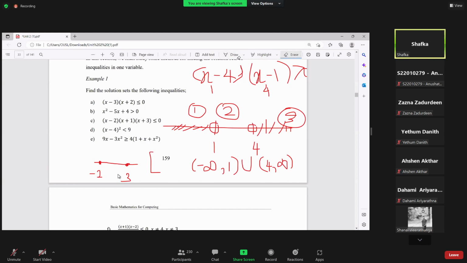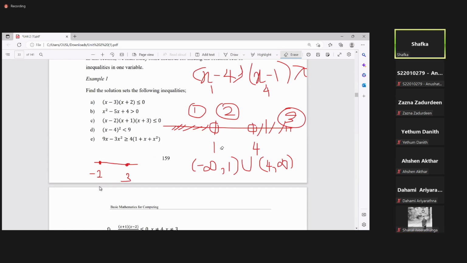Not understood: this part that I mentioned about infinity. Can we include the 1 in our solution?